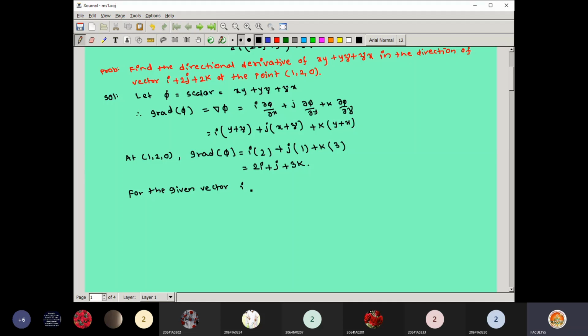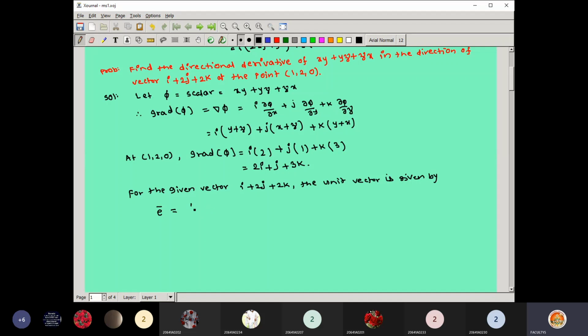The vector is i plus 2j plus 2k. For the given vector i plus 2j plus 2k, the unit vector is generally denoted by e bar. In the last class I gave the procedure to calculate a unit vector.